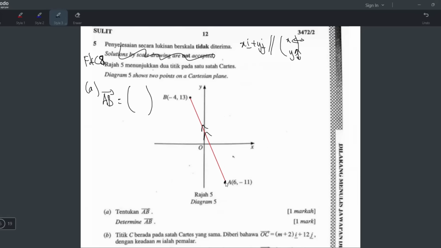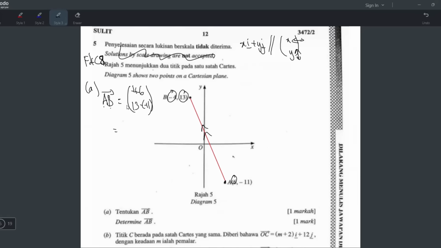Just take -4 minus 6, because you're going from A to B. If you're going from B to A, then you have to take 6 minus -4. So going from A to B means B's coordinate minus A's coordinate. So B's coordinate -4 minus A's coordinate 6. And for the bottom it's also the same. B's coordinate 13 minus -11.